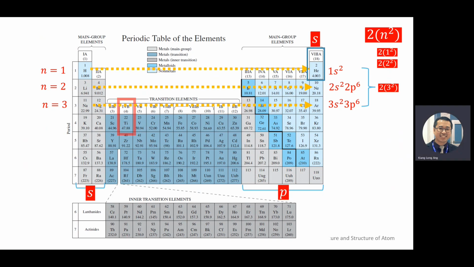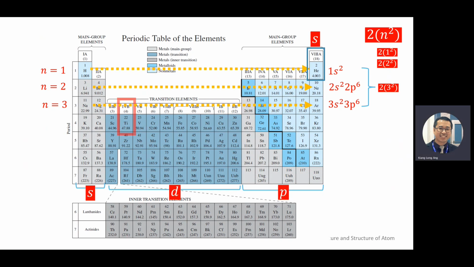The left-hand side, these 2 columns, represent S. The 6th column here represents P. So you count, for example titanium, 1, 2, 3, 4. 1, 2 is S. Another one will fall into P section, right? Oh sorry, another one, D. I forgot now. The middle one is D.